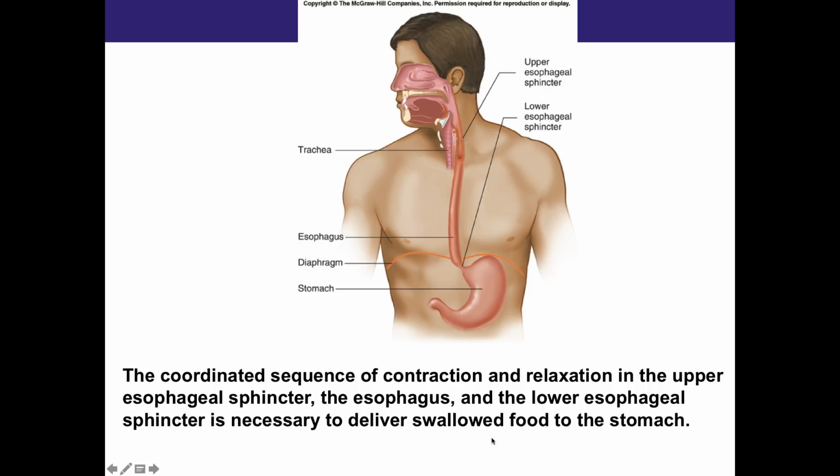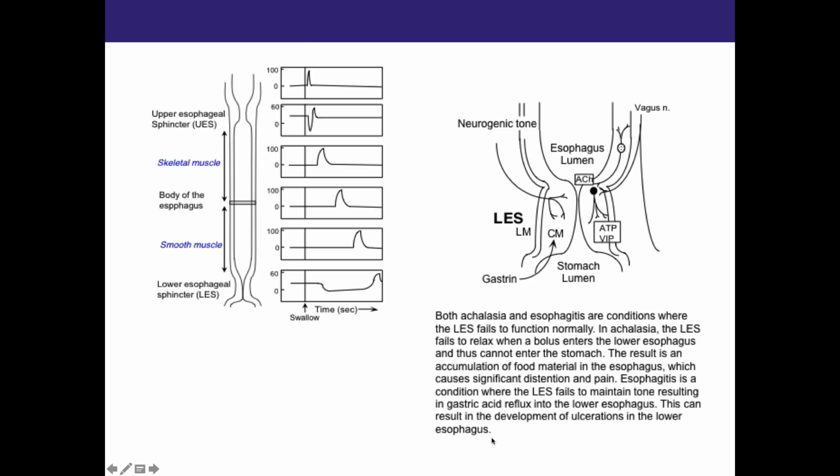So it's really about transporting food from A to B. But I think this is really interesting. This gives you an idea of how the upper esophageal sphincter and the lower one work. Again, this is a series of pressure changes in the esophagus as you eat a bolus of food.